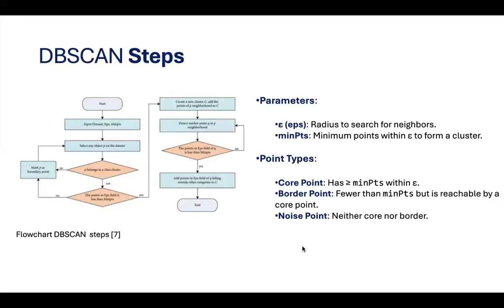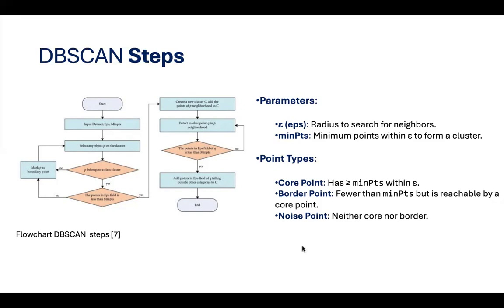Min points is the minimum number of points within epsilon to form a cluster. So we have three types of points. Core points have at least min points within epsilon. A border point has fewer than min points but is reachable by a core point.